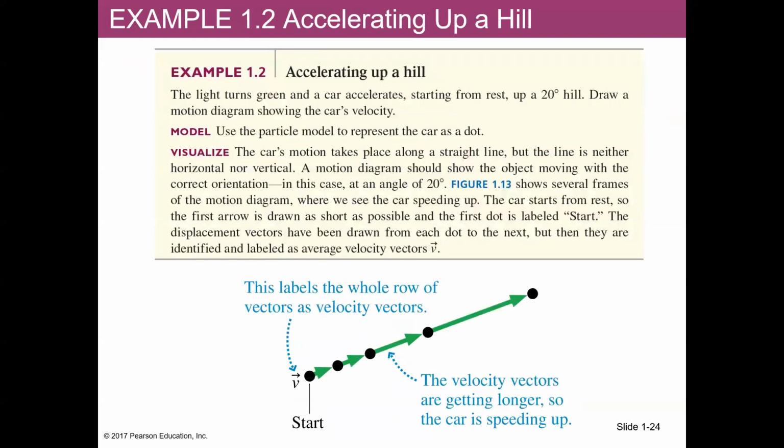And so here's a nice example, actually in the textbook, of accelerating up a hill. You can see that the velocity vectors get larger as time goes on. And so in addition to that, the positions are getting further and further apart in those equal time intervals. So what does that mean?